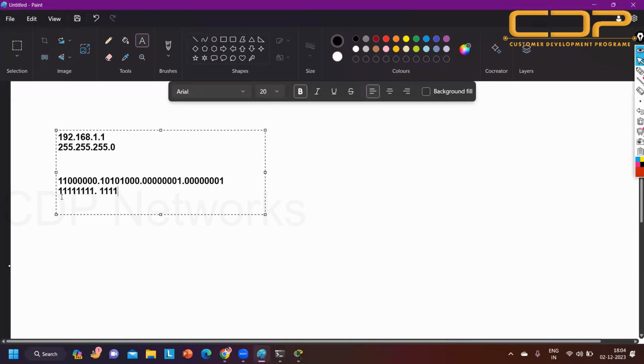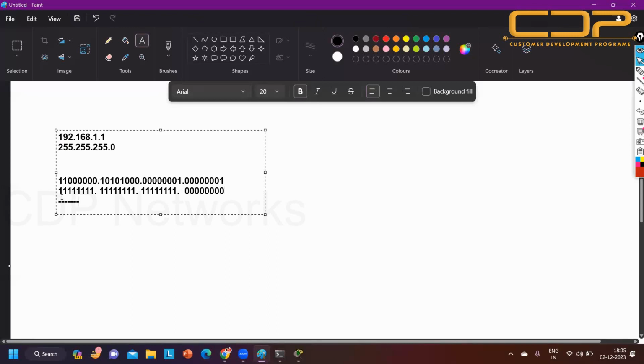Here also eight 1s, here also eight 1s, and then the last octet value is 0, so all bits are 0 here.